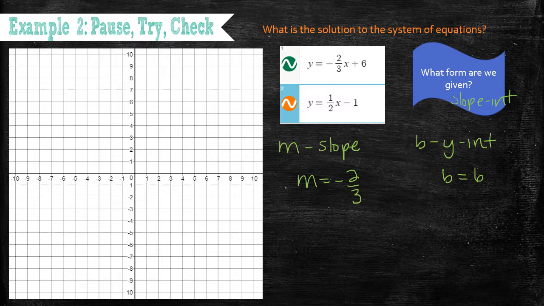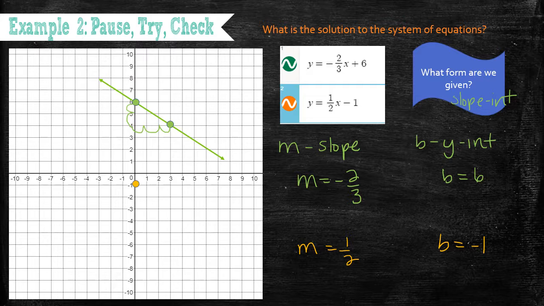So what this would look like, I would go ahead and graph my y-intercept first. We always begin with b, and then my slope is down 2 over 3. So I would go ahead and count down 2, over 1, 2, 3. There's my slope, and I can draw in my line. And then I'm going to go ahead and do the same thing for that second equation, but this time my slope is going to be 1/2, and then my b value, or that y-intercept, is at negative 1.